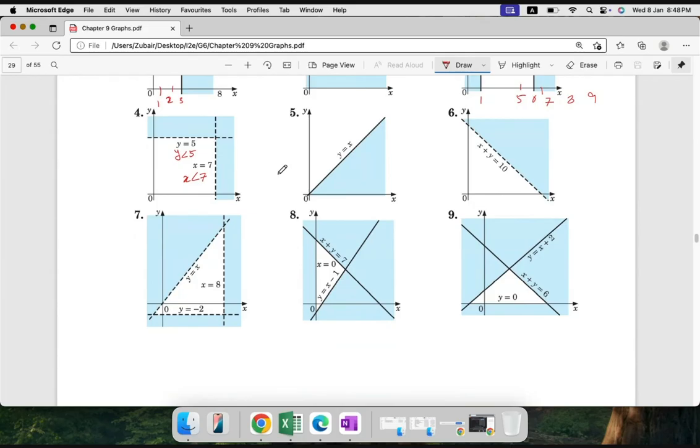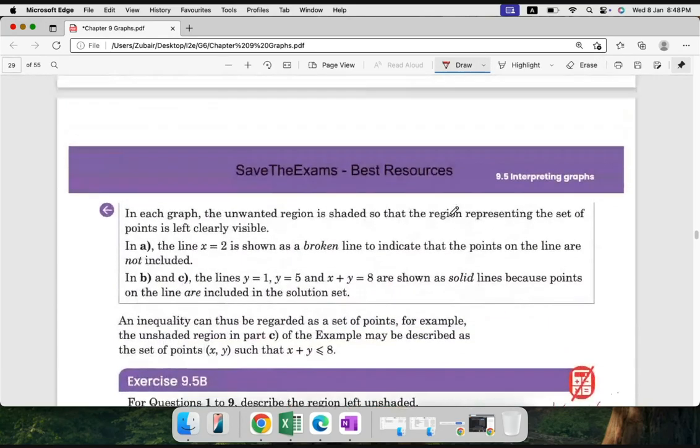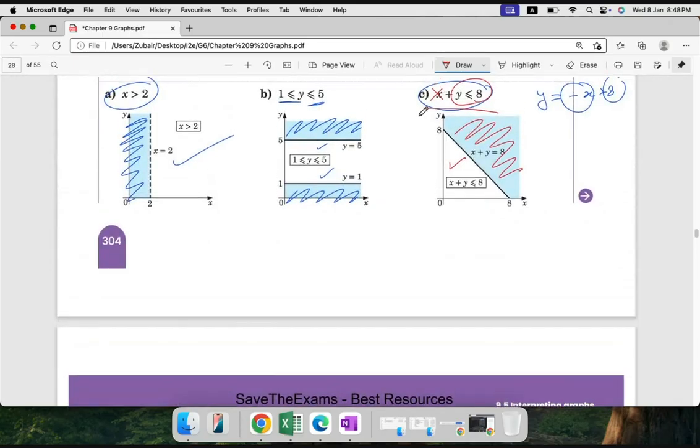It's the same with y is equal to x. See, this is y is equal to x. This is our favored region. Is it above this line or below this line? It's above the line. And I told you, whenever we have x and y both, we can always ignore x, right?